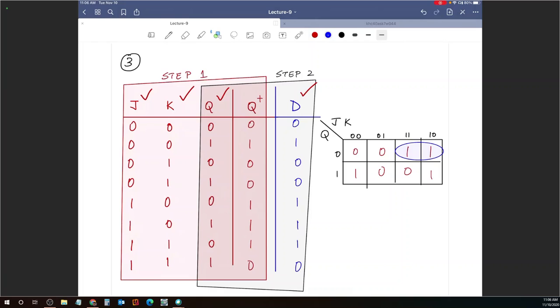That should do it, and that should do it. If I now write the simplest equation here for D, what is that going to be? I have J is 1 and K changes, Q is 0. Or, what is next? K complement and Q. You guys see that?